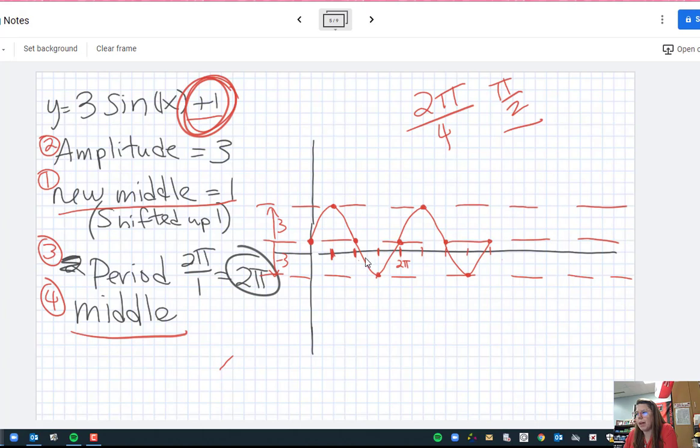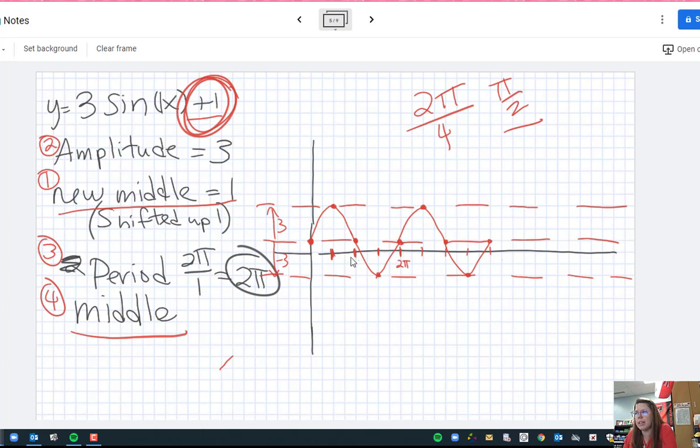And so I label my x-axis using 2 pi's, but it's not 2 pi, 4 pi, 6 pi, 8 pi. It's 2 pi broken up into 4 pieces, minimum. Okay, you can break it into 8 pieces if you'd rather, but it has to be 4 at the very least, or some multiple of 4.